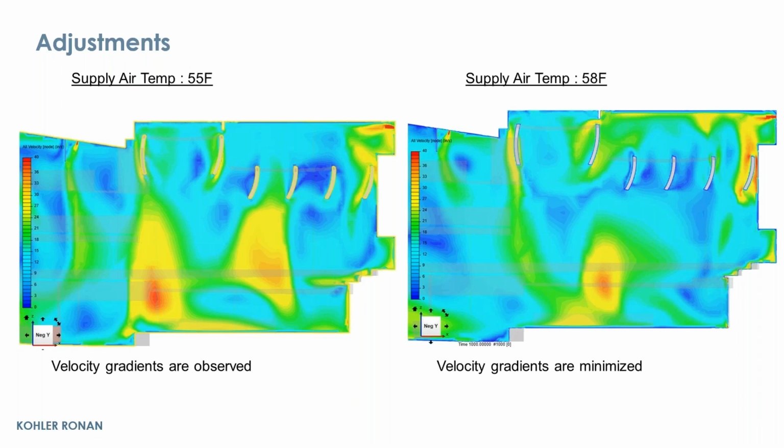So we wanted to make sure that we gave them the temperatures they're expecting. I think the target was under 20 feet per minute of airflow around the occupants, and we were quite happy to see that also showing up in our simulations.